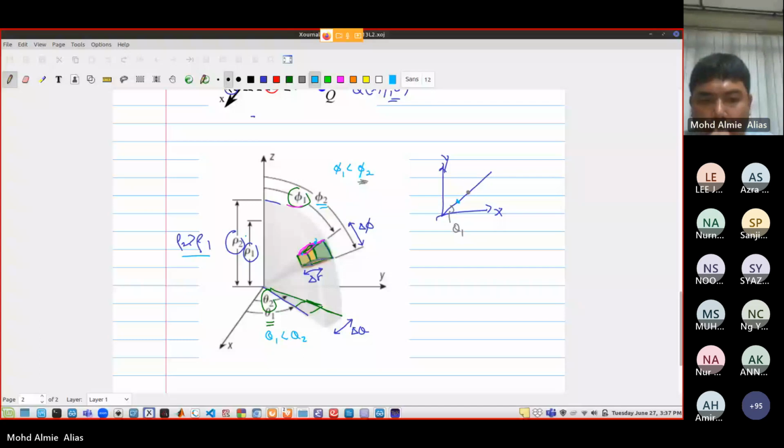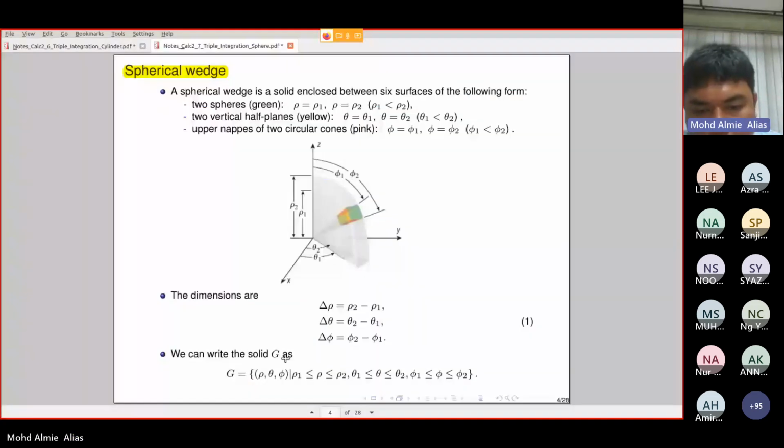So we can write the solid G as the set of rho, theta, phi, where rho is between rho 1 and rho 2, theta between theta 1 and theta 2, and phi between phi 1 and phi 2.